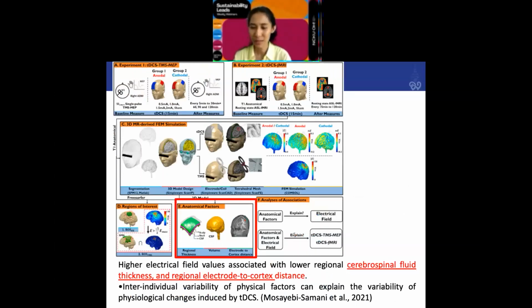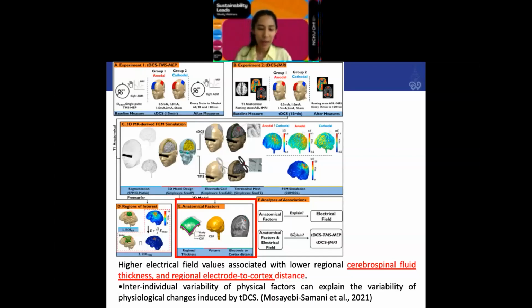Okay. All right, this study was just published this year. It's very interesting. They tried to find the inter-individual variability between subjects. Some people can have a better effect of tDCS, but some do not. They tried to investigate which factors would influence the tDCS effect.